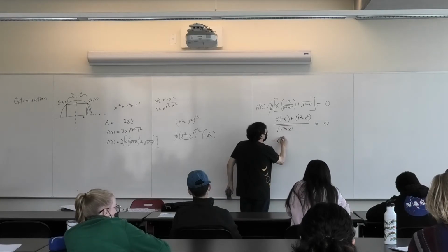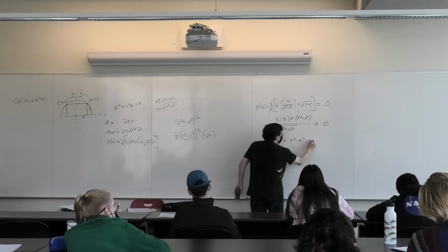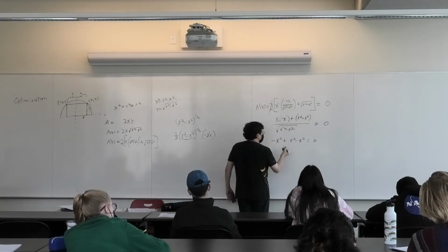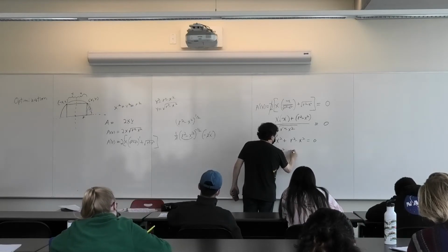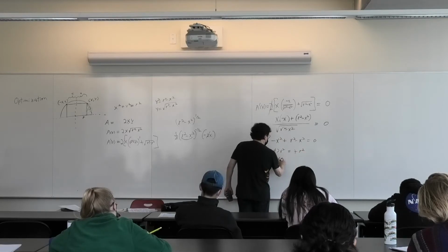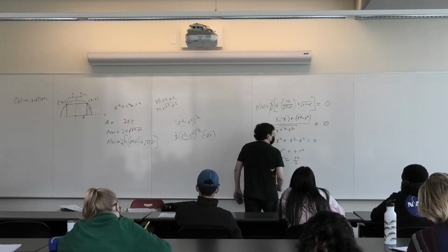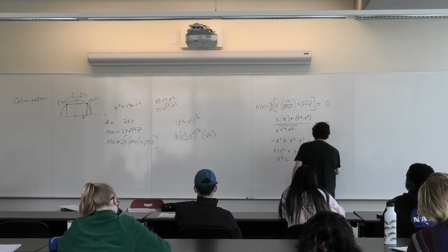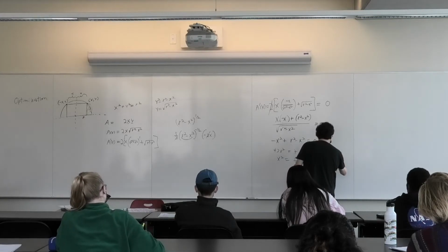We get negative x squared plus r squared minus x squared equals 0. Now it gets easy. Negative 2x squared equals negative r squared. So x squared equals r squared over 2. Or, of course, x is going to equal plus or minus the square root of 1/2 r.